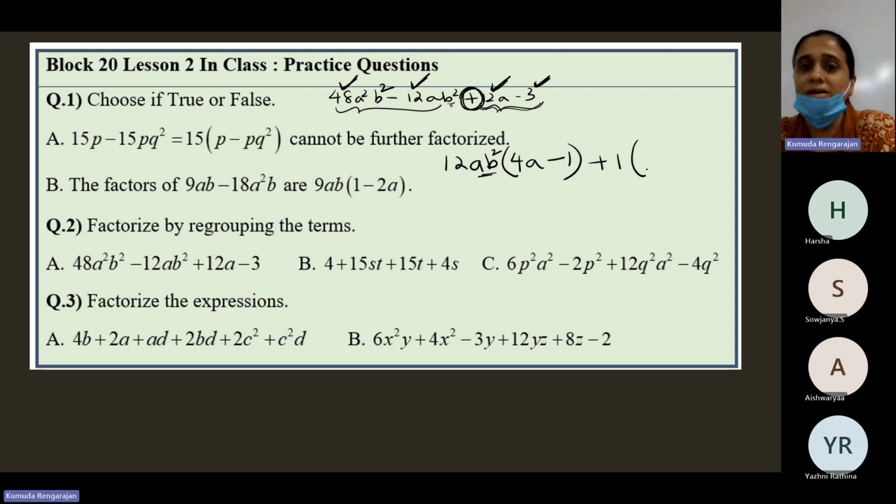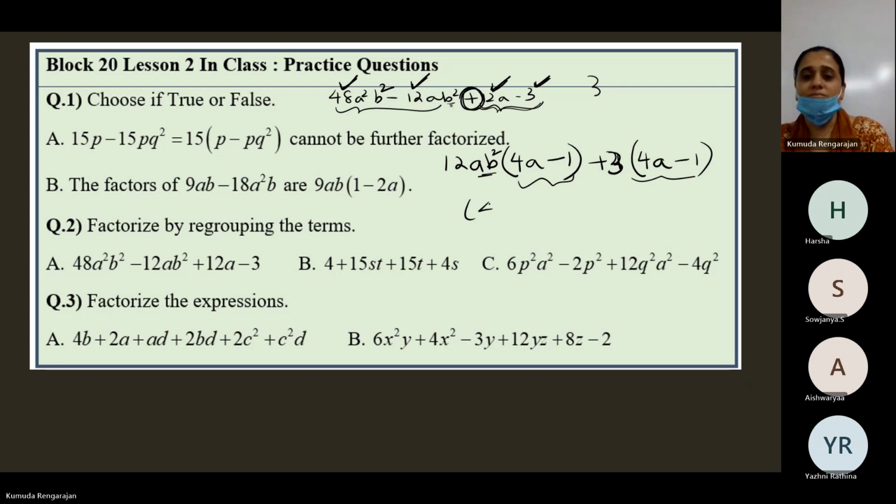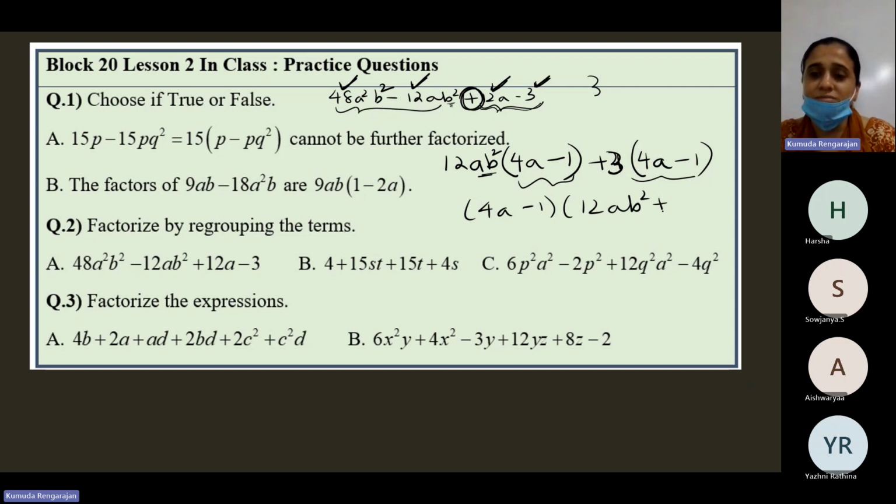Open a bracket. 3 into what is 12? 3 4s are 12, a. Then plus 3 into what is minus 3? Minus 1. So 4a minus 1 and 12ab square plus 3.